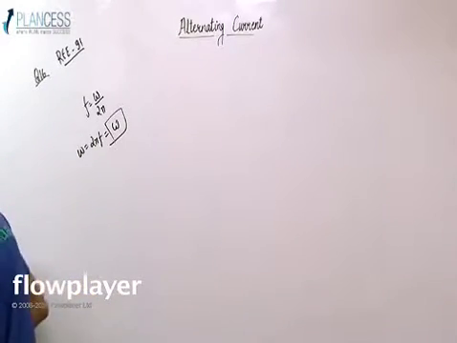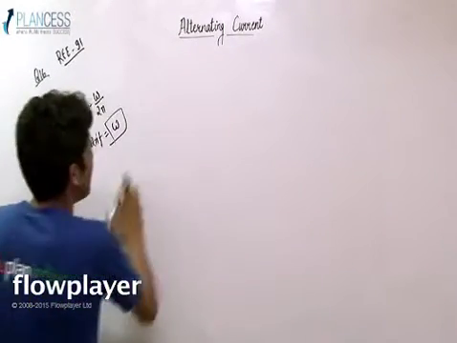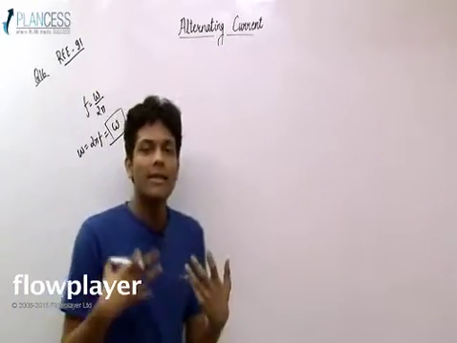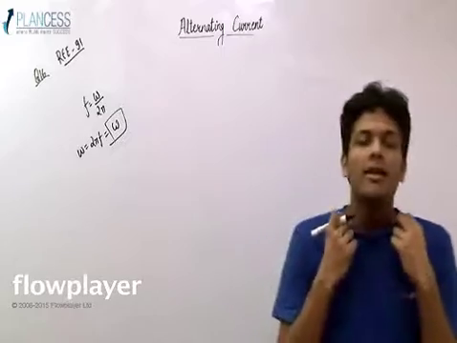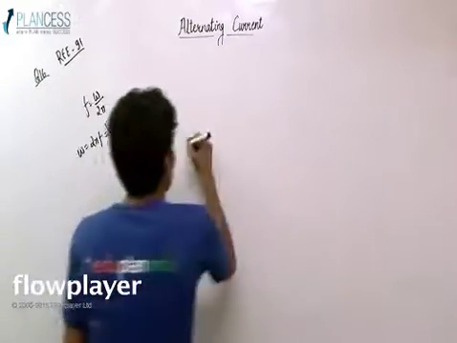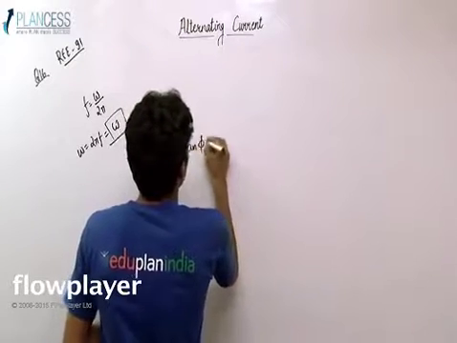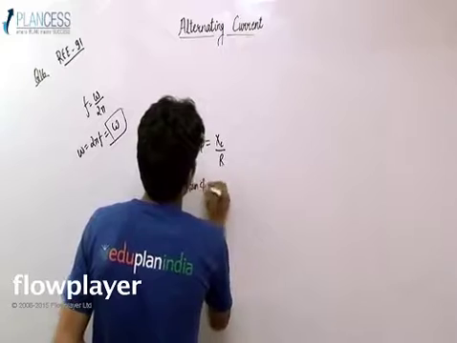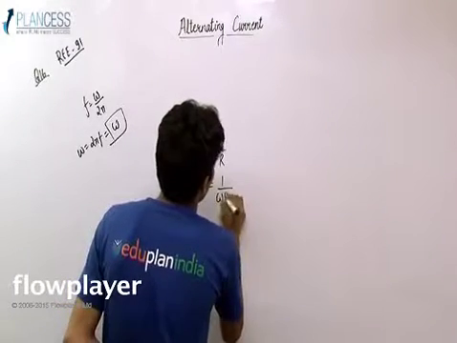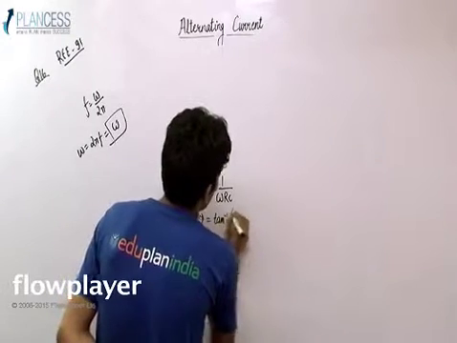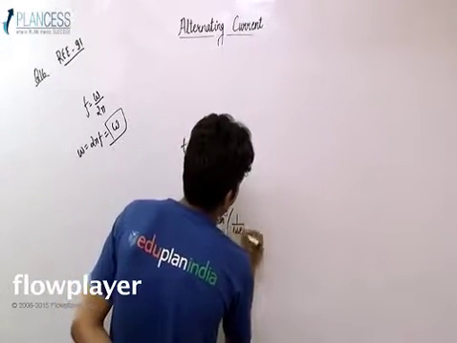Now we know that in an RC circuit the current leads the voltage by an angle of phi, where phi is derived by the formula tan phi equals Xc upon R. So we can write down tan phi is equal to 1 by omega RC, and thus phi comes out to be tan inverse of 1 by omega RC.